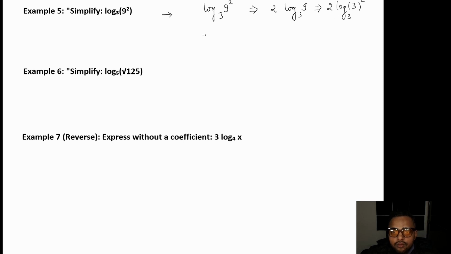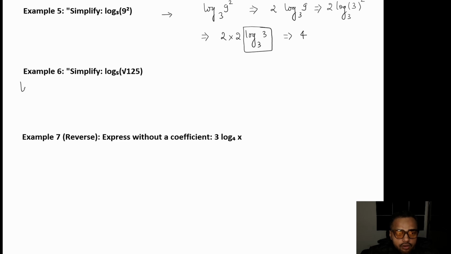Again this power 2 will come outside as a multiplier, so it will be 2 cross 2 log of 3 base 3, and we know that the value of this will be 1. It will be 2 cross 2, equals 4. So this is the solution of this question.